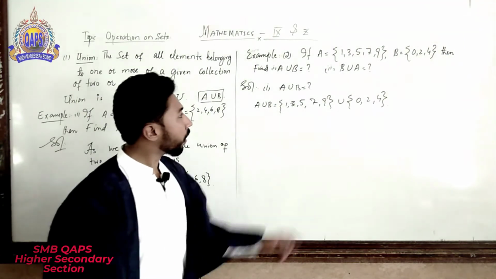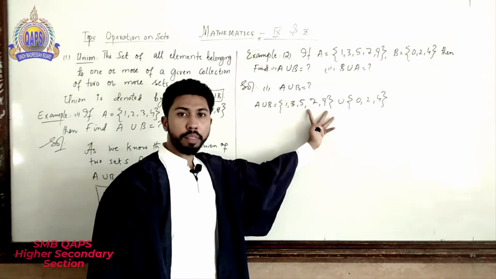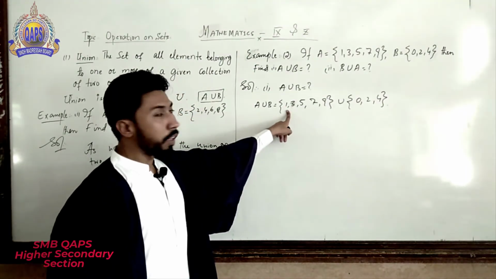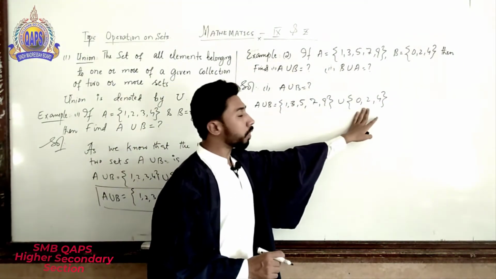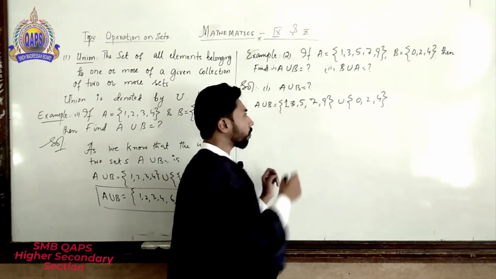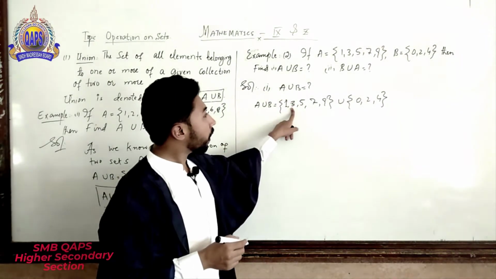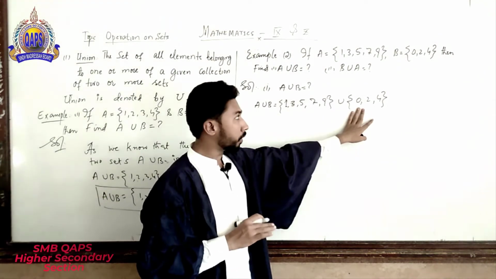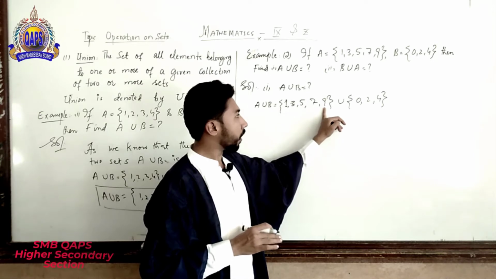Is there any similarity between the elements of the two sets? There is no similarity, because 1 is here and not written in the other set, and the same with 3, 5, 7, 9.